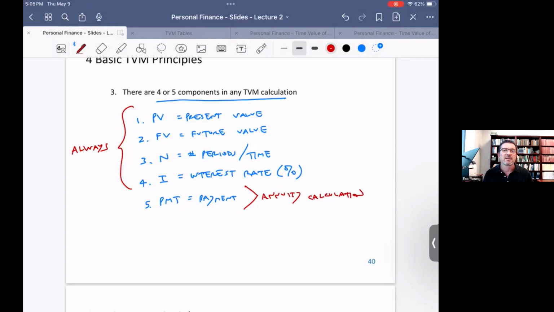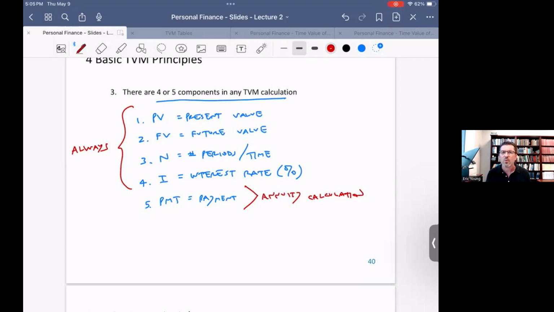The great thing about this is all time value problem solving is just a search for the missing variable. That's all it is. The problem will always give you all but one of the variables, and your task is to simply solve for the missing variable.